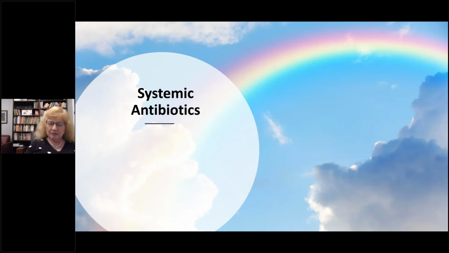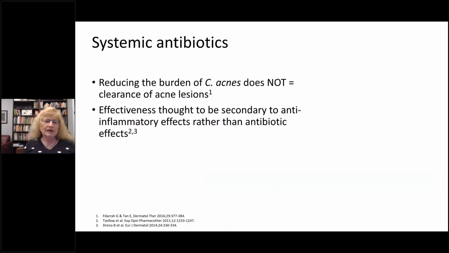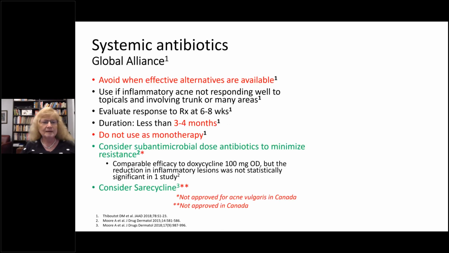So systemic antibiotics, what do we have? What can we do? They work not just by cutting down on C. acnes, but they also have anti-inflammatory properties. When you think of rosacea and antibiotics, they are working primarily through inflammation. The same thing can occur in Acne Vulgaris.